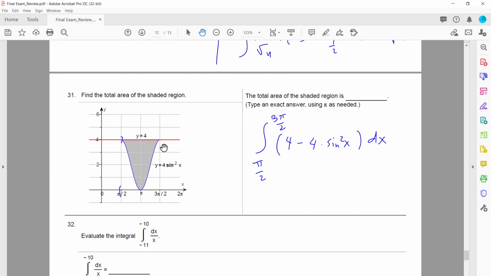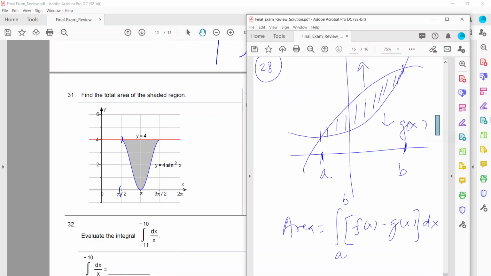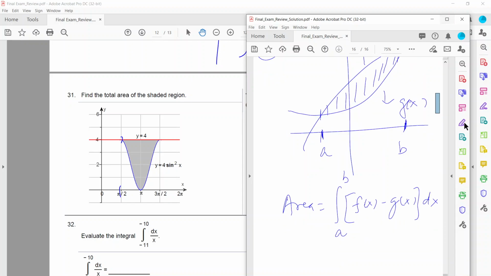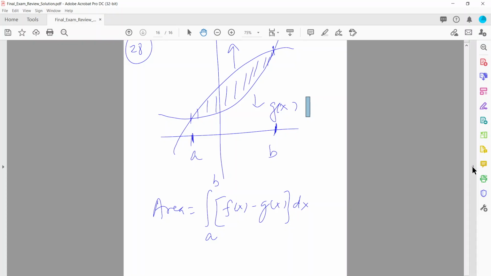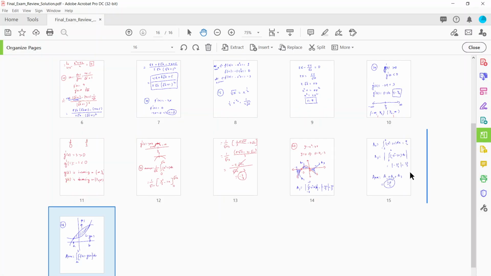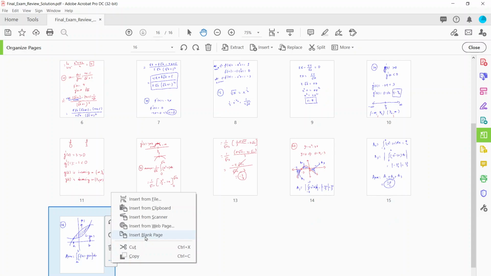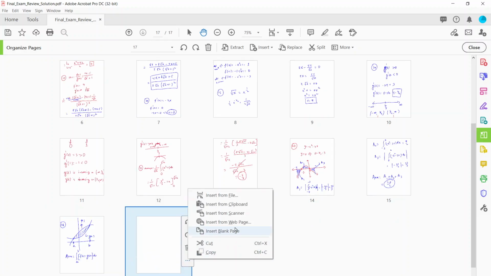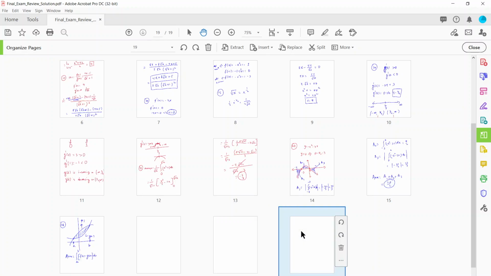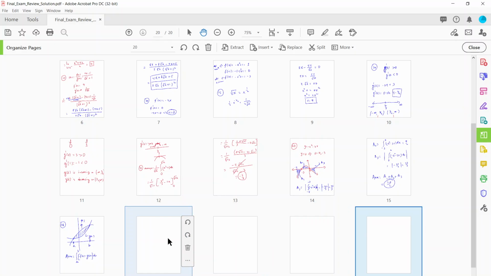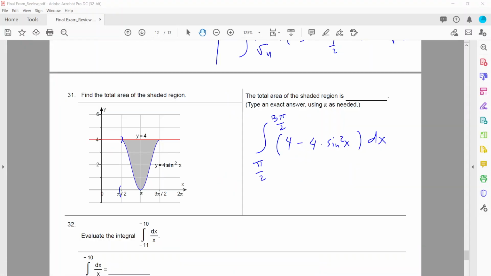To find the area here, there are a couple of things you have to know. To solve this problem you have to know the integration of sine square of x.